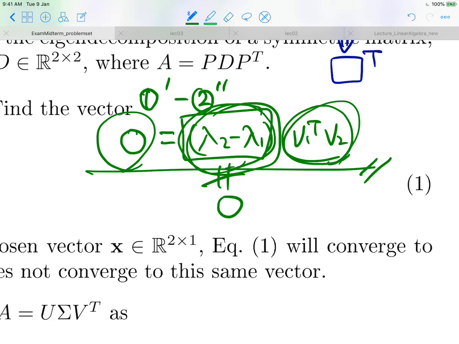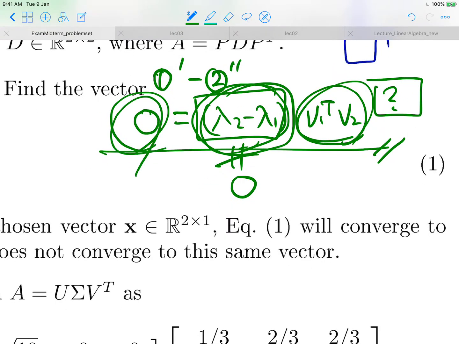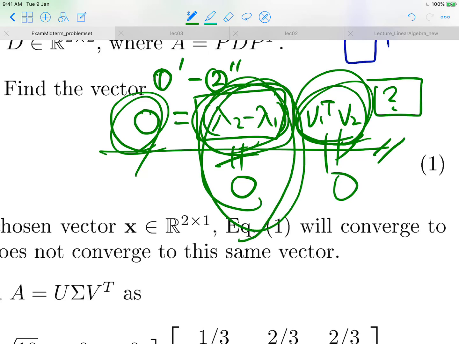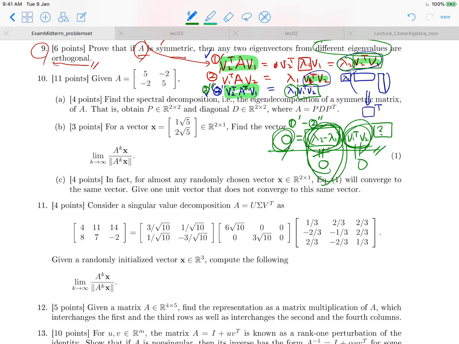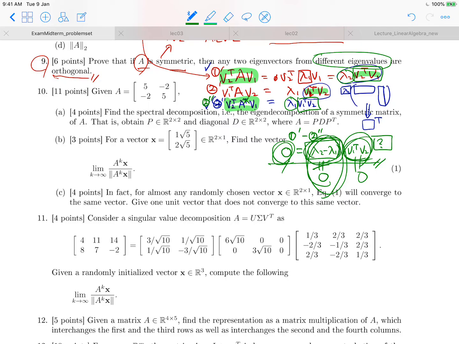And this one is the quantity of our interest, and it should be 0, because the other factor is non-zero, right? This is all about scalar multiplication. That way we can conclude that V1 and V2 are orthogonal, or their inner product is 0. Okay, so this is how we prove this.